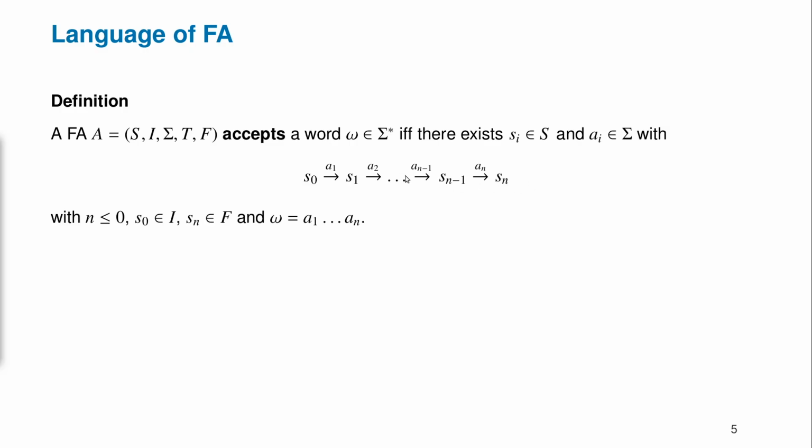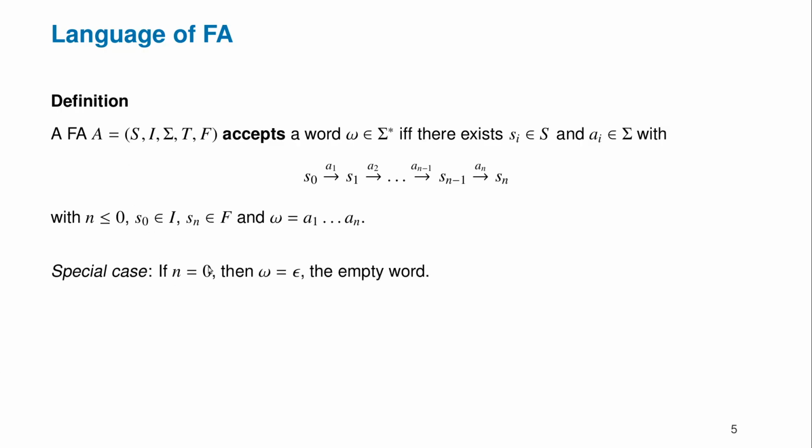And very important, S0 is an initial state of A, and Sn is a final state of A. And if we have such a sequence, then we say that the word omega is accepted by automaton A.